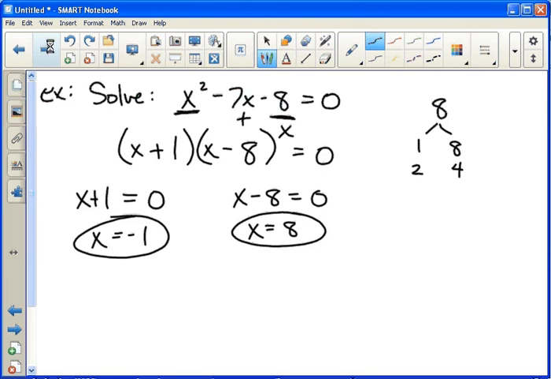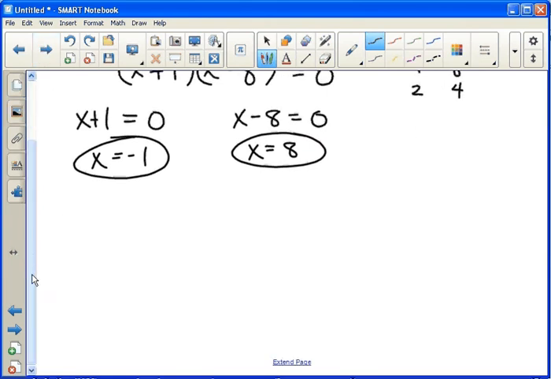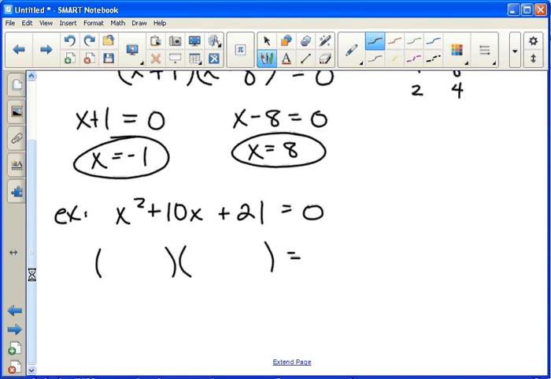Okay, let's try another one like that. Let's say we need to solve x squared plus 10x plus 21 equals 0. Again, there's nothing that all three pieces have in common, so we'll have to use this method. We put x's in front, and we need something that multiplies to be 21 and adds up to 10.